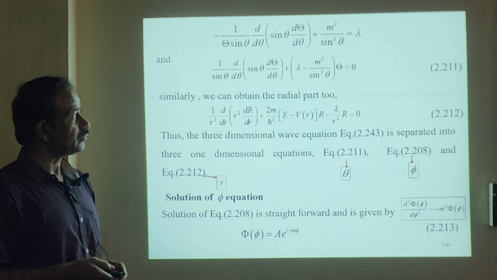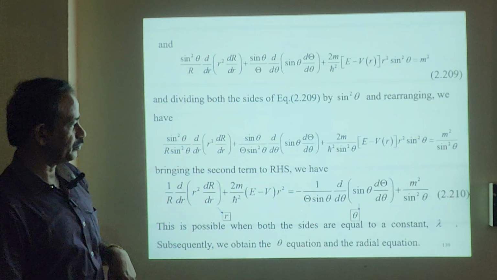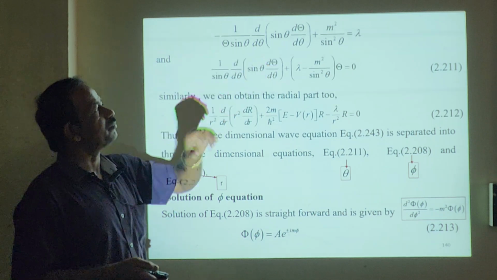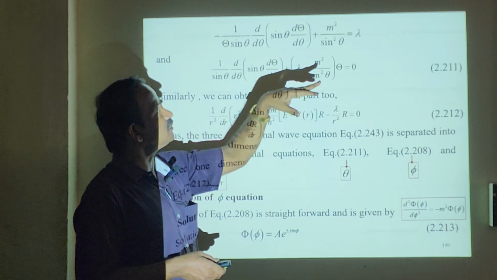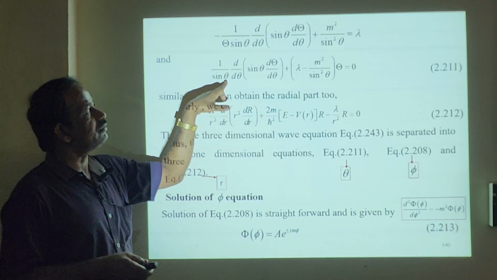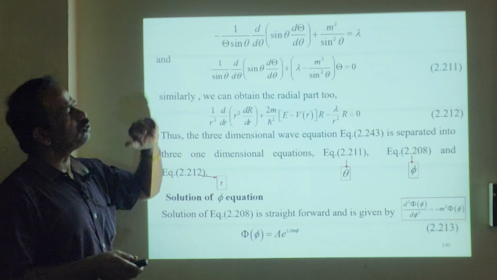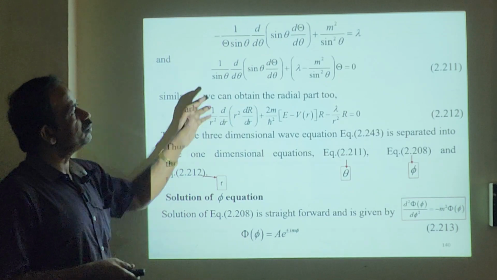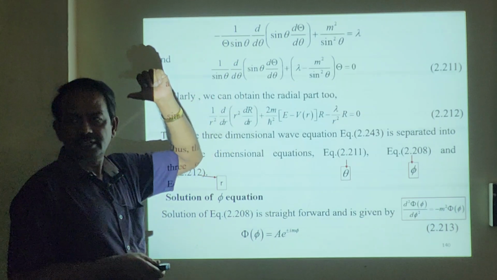Okay. So if you equate to this one, this will become equal to lambda. I can take this term to that side and rearrange. We will get lambda minus m square. I multiply throughout by a minus sign, so you will get minus lambda here. You bring minus lambda to the left hand side.